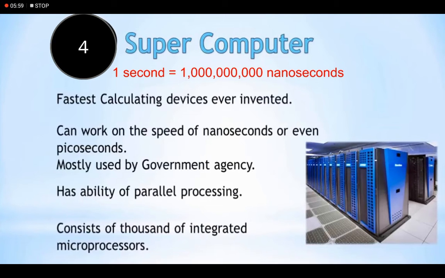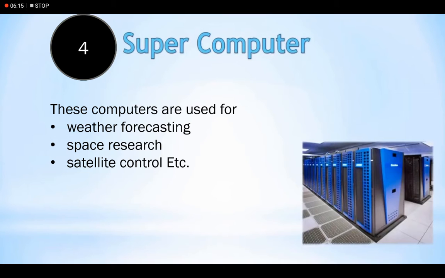Mostly used by government agencies, it has the ability of parallel processing and consists of thousands of integrated microprocessors. Supercomputers are mainly used for weather forecasting, space research and satellite control.